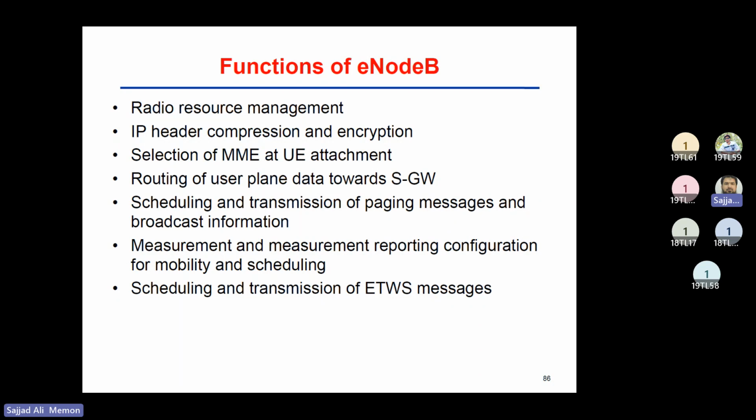Selection of MME at user equipment attachment. That is the signaling element that will be selected. Routing of user plane data toward the serving gateway, scheduling and transmission of paging messages and broadcast information, measurement and measurement reporting configuration for mobility and scheduling, and scheduling and transmission of ETWS messages.